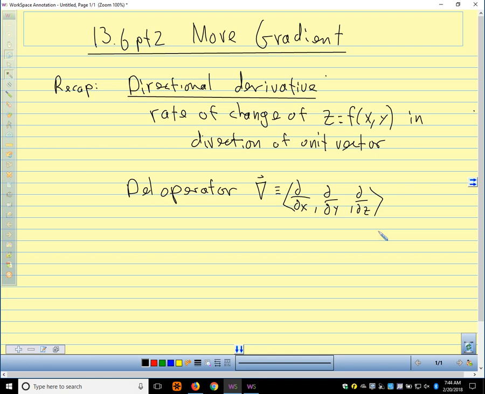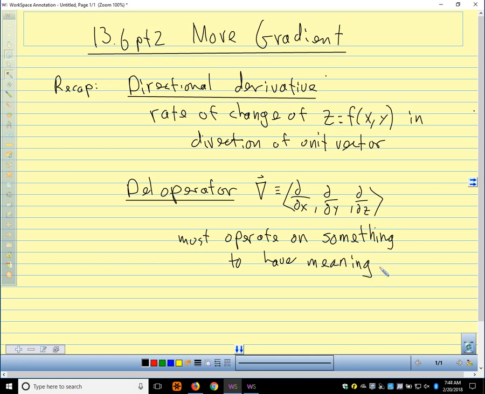It must operate on something to have meaning. By itself, it doesn't have any meaning. It has to operate on something. For now, we're just going to operate on a function.